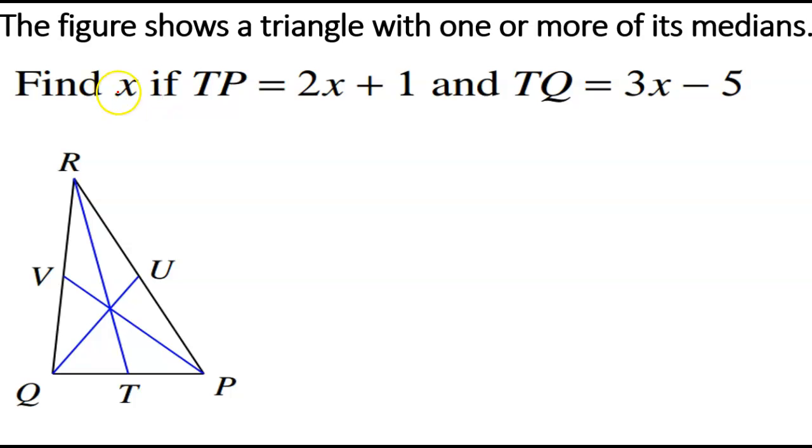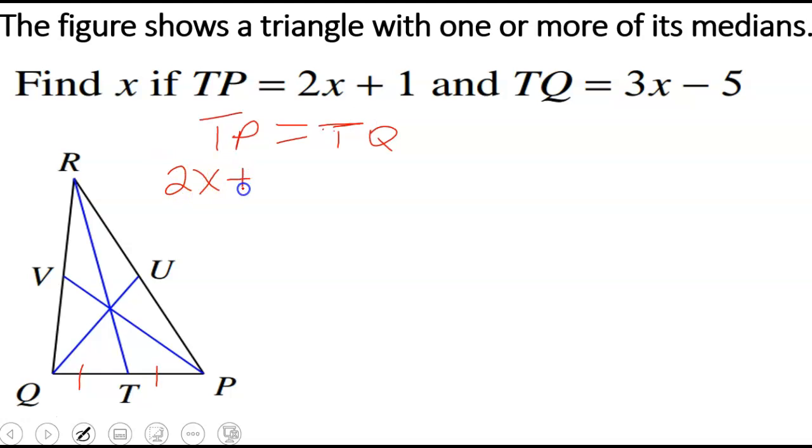Here we are given to find x. TP is here, and we know TP is congruent to QT. So the measure of TP must be equal to TQ, and we just set them equal to each other: 2x plus 1 equals 3x minus 5.